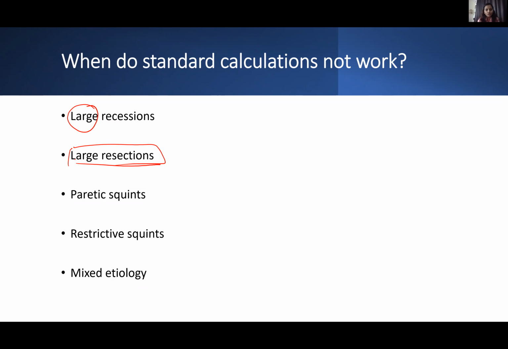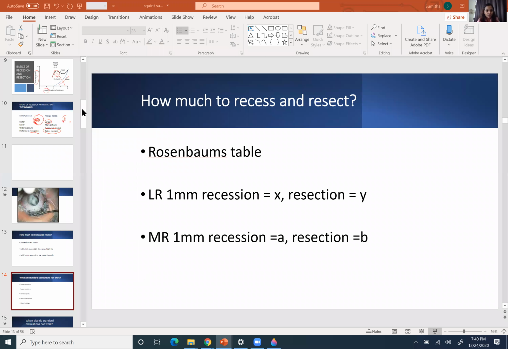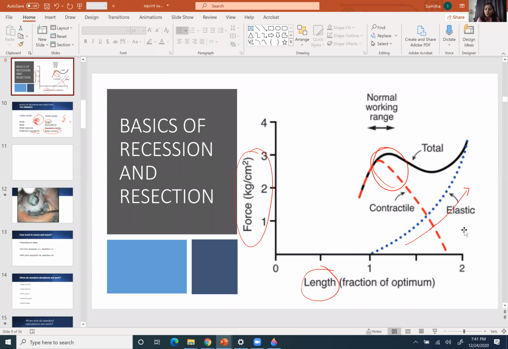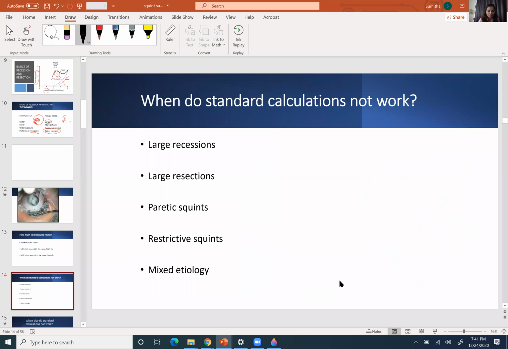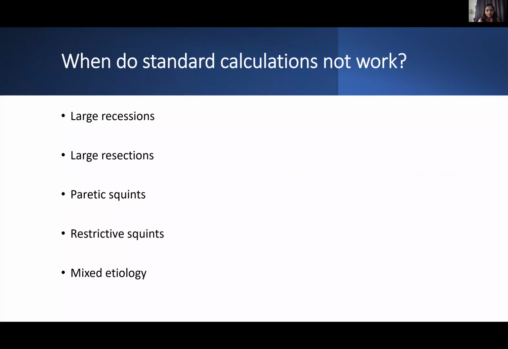For this, you have to go back to the curve that I showed you before. Once you start resecting too much, the contractile force of the muscle starts reducing. And that is the reason why standard calculations don't work when you do large resections.